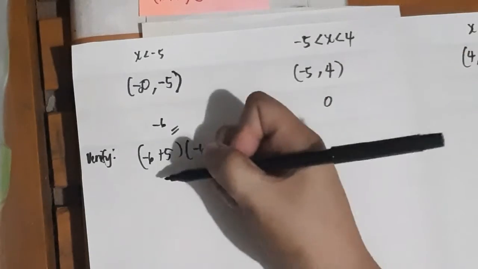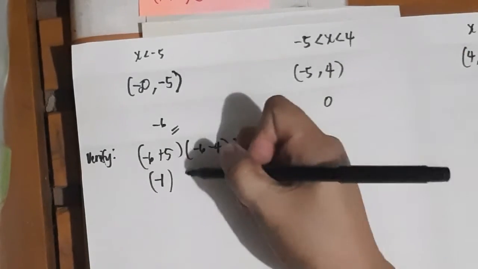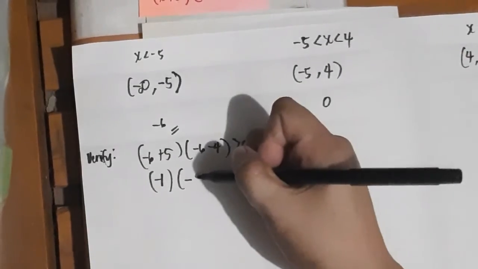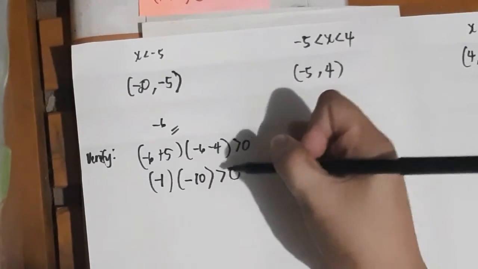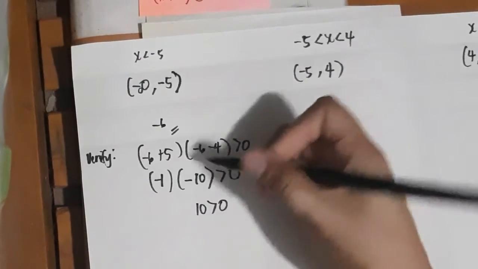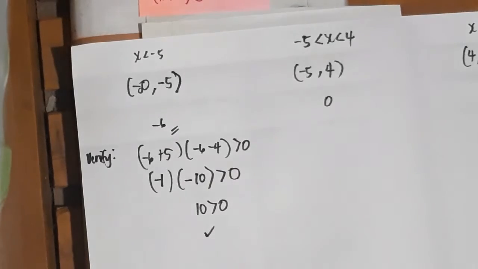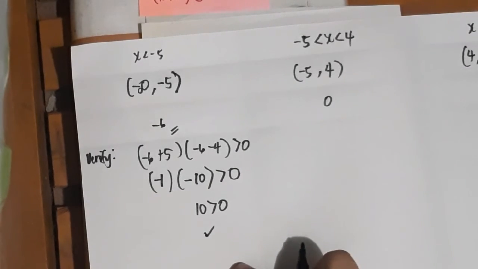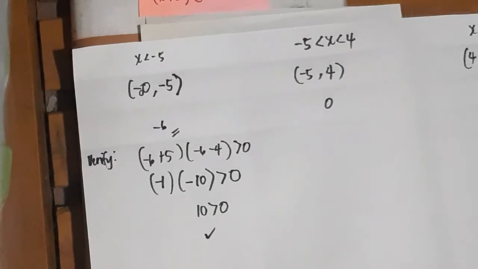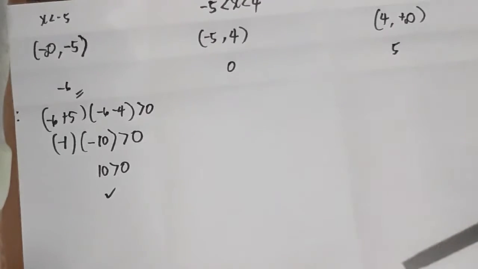This is -1, this is -10. When you multiply them, 10 is greater than 0. It's true. So this region is already part of the solution set.